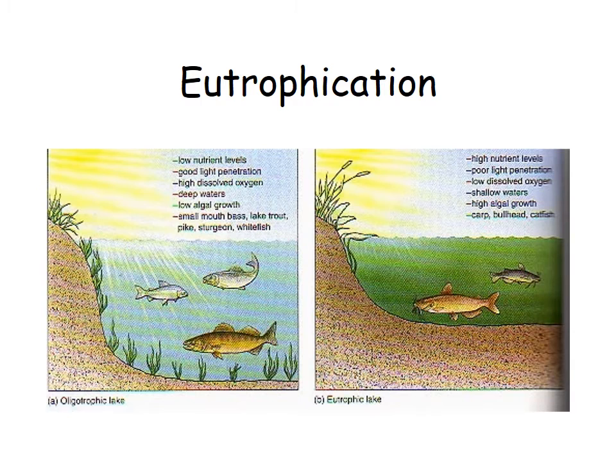On the right, after pollution like fertilizers got into the water, there are high nutrient levels, which means the algae is going to go crazy because they love that stuff. The light can't penetrate, so the plants can't grow. Plants can't grow, the oxygen level goes down. The water level drops because the water's being evaporated, so the algae grows real high, and then very few fish can handle this. Carp can handle it, a bullhead, and the catfish is the most suited for a lake that has very little plant growth in it.